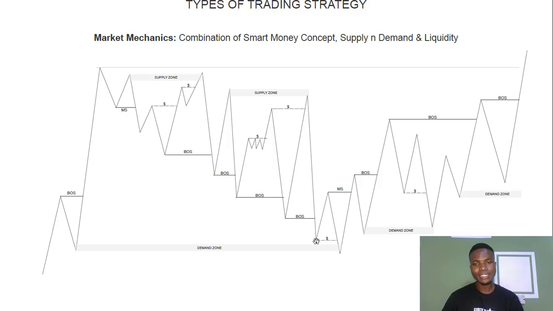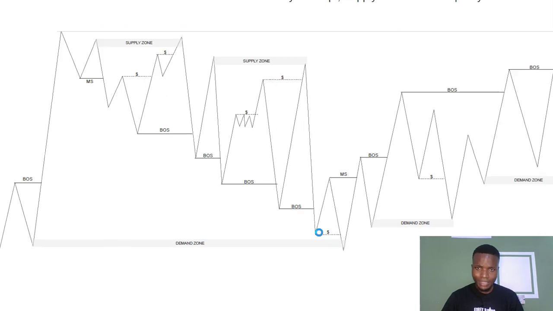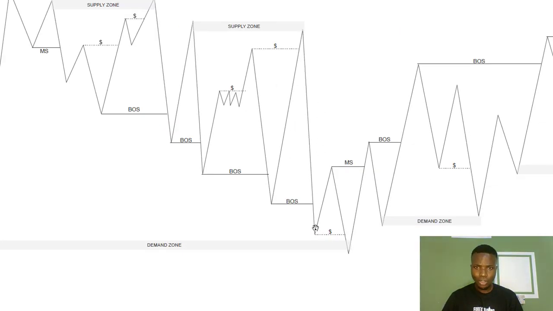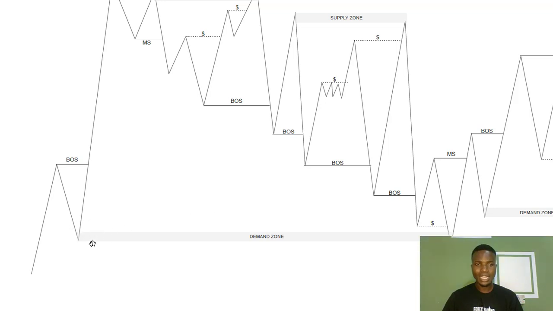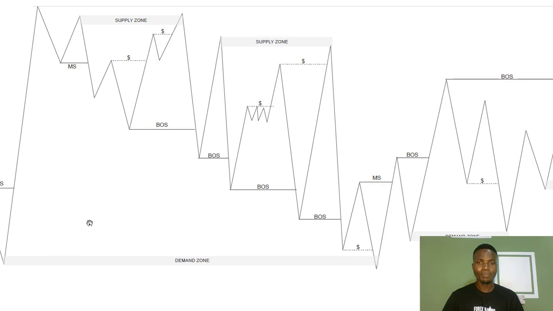And the moment that the sellers got to this stage, the sellers cannot be in control of the market forever, and the buyers cannot be in control of the market forever. But you can see that immediately the sellers got to this stage, they want to respect this demand zone before they continue the movements.